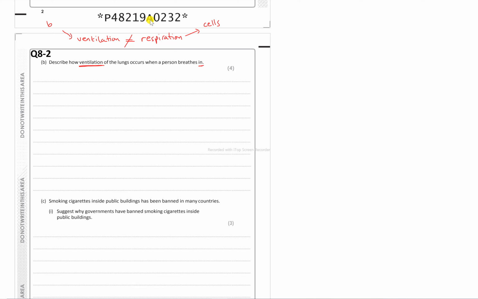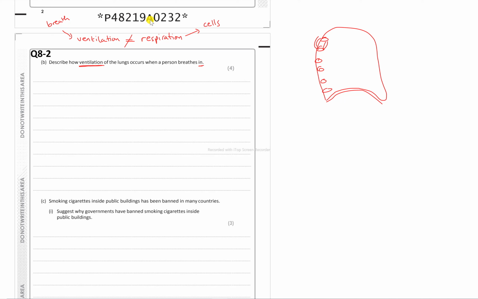Ventilation is when you breathe in and out. So when you breathe in, that's your diaphragm. That's your thorax. These are your ribs or costals. These are your intercostal muscles. Those are external costal muscles.